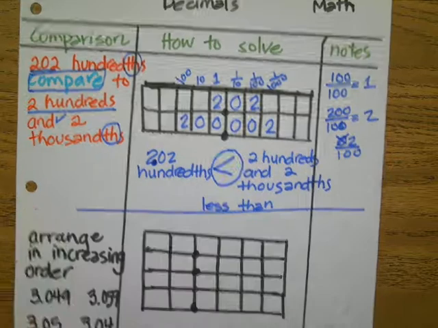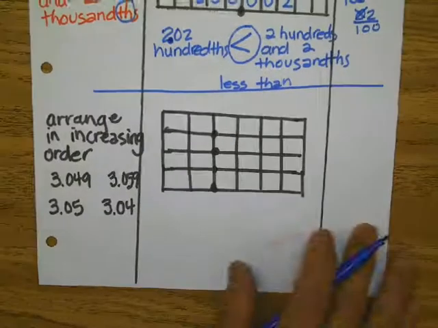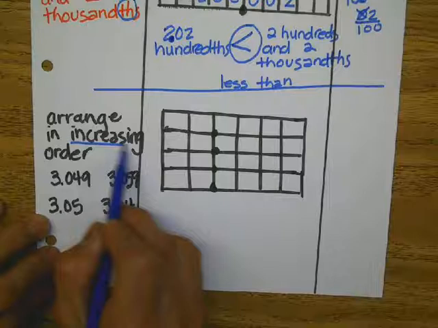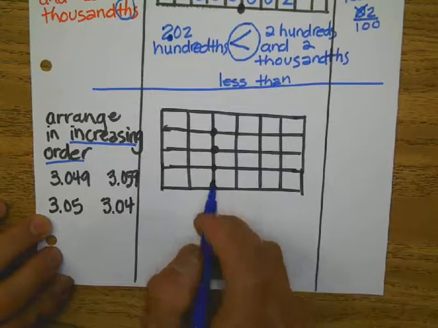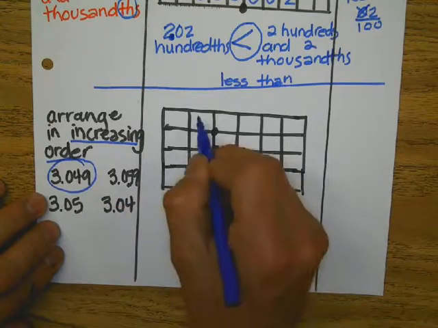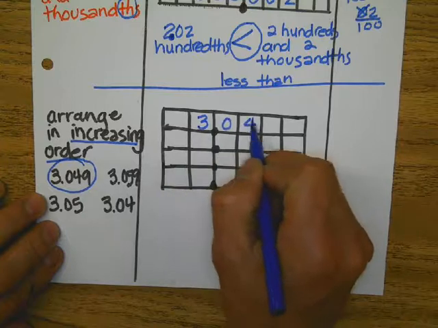Now, we're going to use the same information to arrange these numbers in increasing order. And we're going to use the place value chart as well. So we'll write the first number. Our first number is 3 and 49 thousandths.